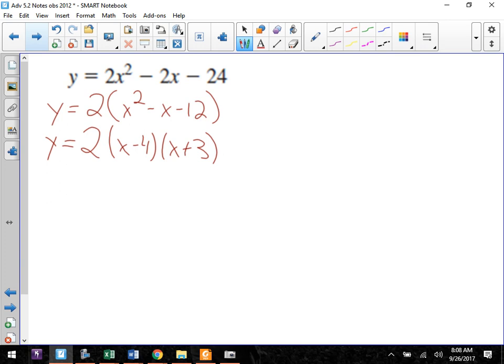Basically, this right here is intercept form, like we talked about yesterday for graphing, which means your zeros will be located at the zeros of the terms. That means you set them up. So you have zeros at 4 and negative 3. That would be the solution to these types of problems. Whenever you see an equal sign, after you factor, you set your terms equal to 0.